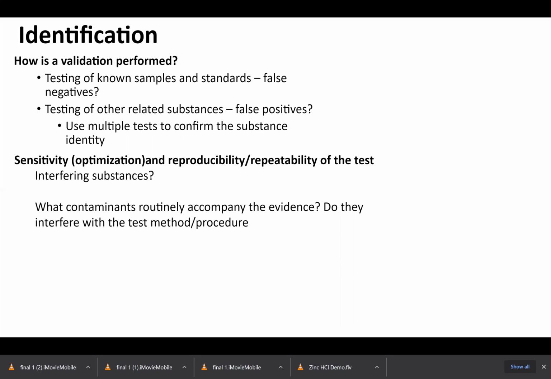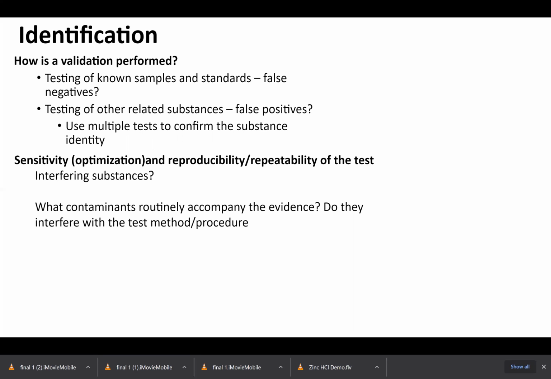So, how is validation performed? Testing of known samples and standards is done in order to ensure that there are no false negatives. Testing of other related substances is done in order to ensure that there are no false positives.